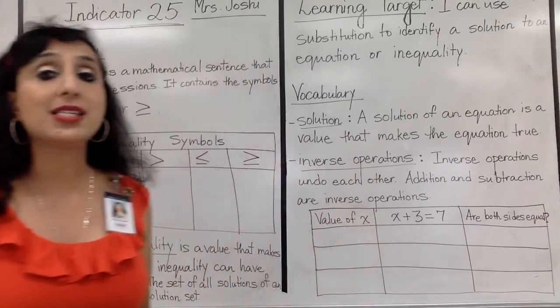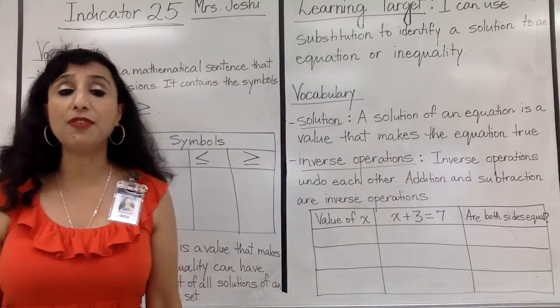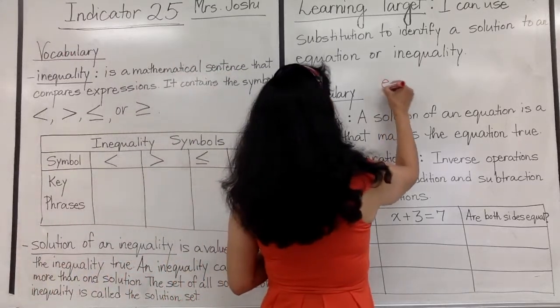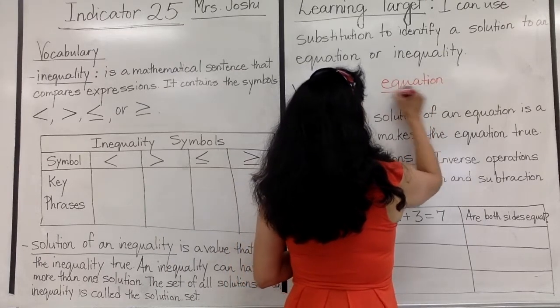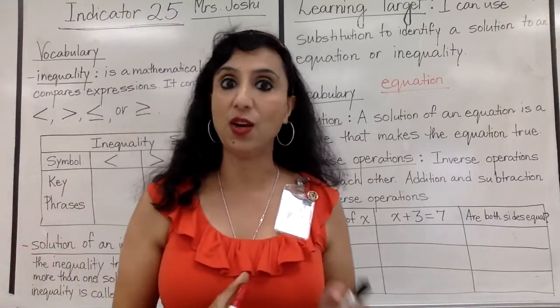So let's quickly look at the vocabulary. First and foremost, I wanted to write equation up here. We have talked about what equation means in the past, because we were talking about the difference between an expression and an equation.